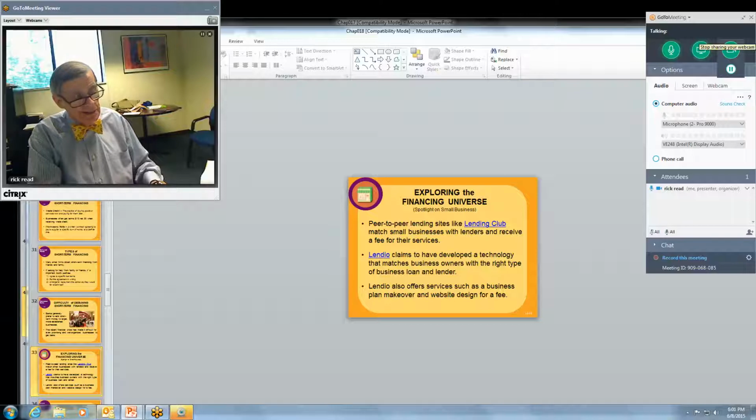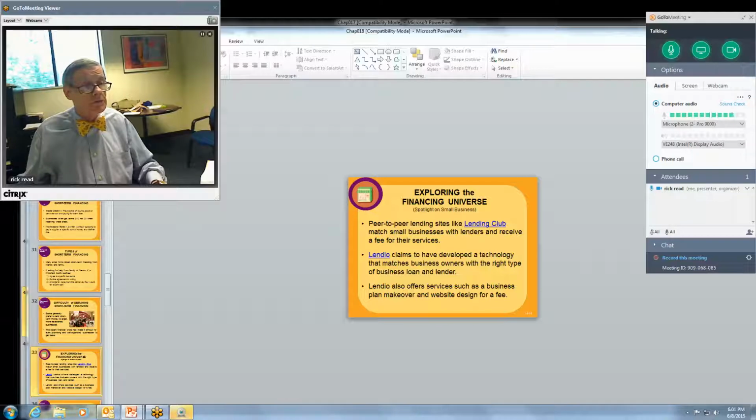But the thing is, if you have a viable business and you have a good business plan and you have a good history and you have good potential, you probably can get a loan from these folks. And that's what's happened here with the banks, as we mentioned before, that they don't seem to be willing to loan that money. And this makes it more difficult for small businesses.